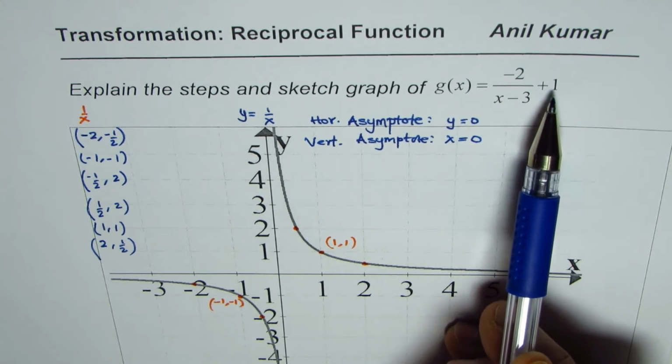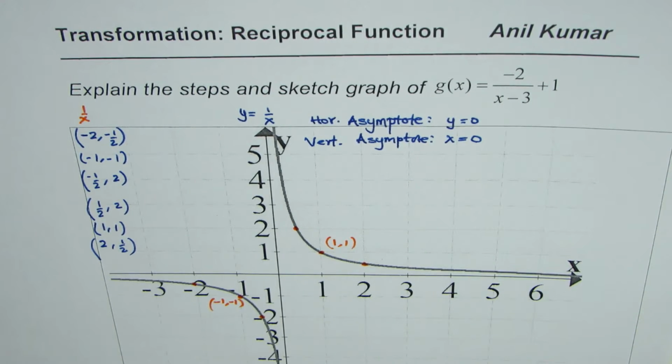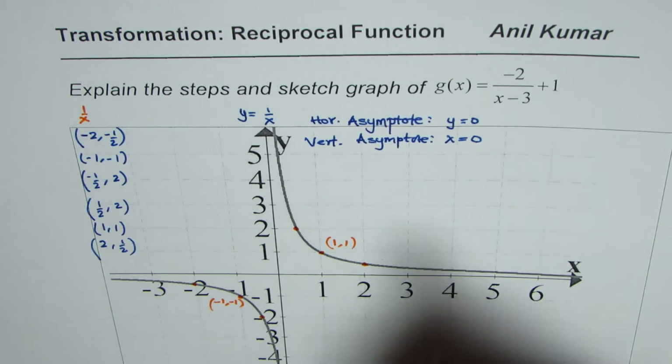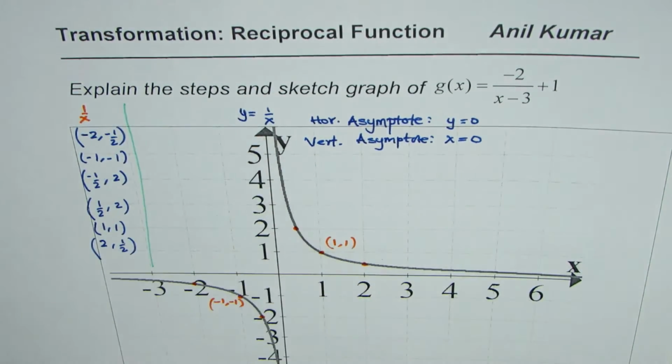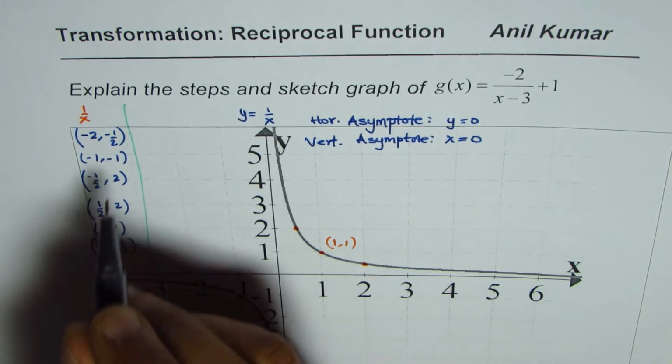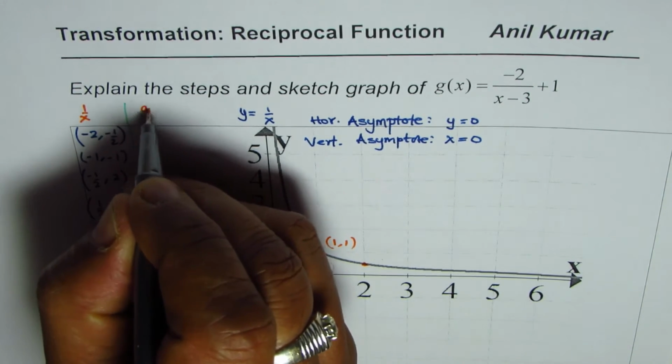And then we have 1, which is a vertical translation by 1 unit. Now we can perform these transformations on the key points and write down the corresponding points on g of x.